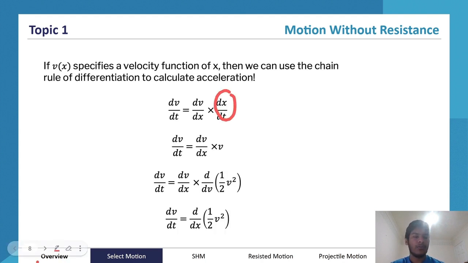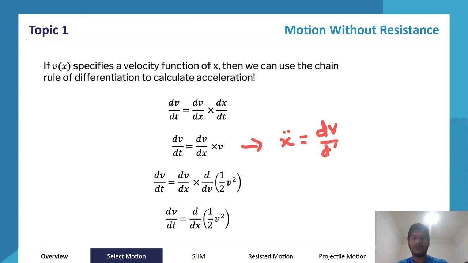We just replace that dx dt with v. So that is one form of acceleration. We can say x double dot is our acceleration, or dv dt, is equal to, usually written in the other order, v dv dx.